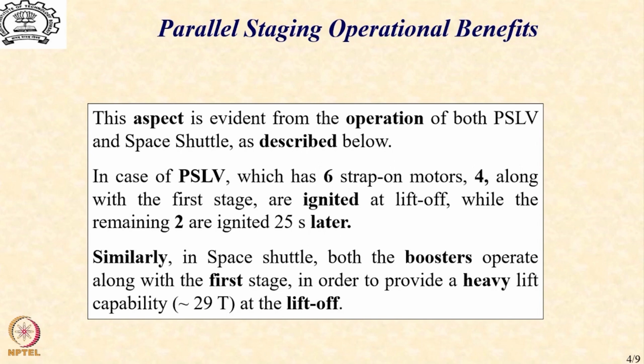But the benefit of such an operation is that they provide a heavy lift capability at the liftoff, as you have to realize that the space shuttle at the liftoff has a mass of 29 tons, and that is the mass of the space shuttle itself. So obviously you're going to require a very large thrust at the liftoff, and such an operation of both the booster stage and the first stage firing together makes a lot of sense.